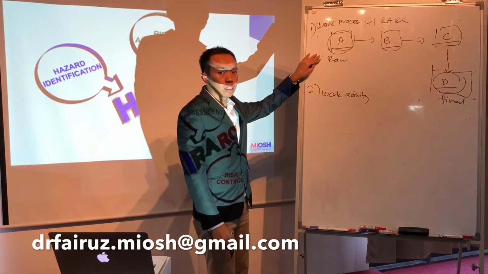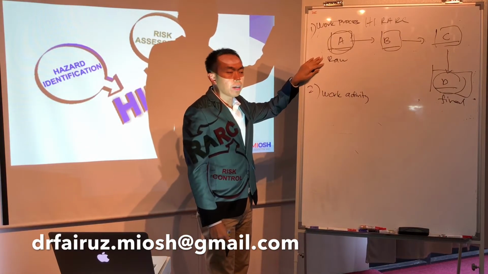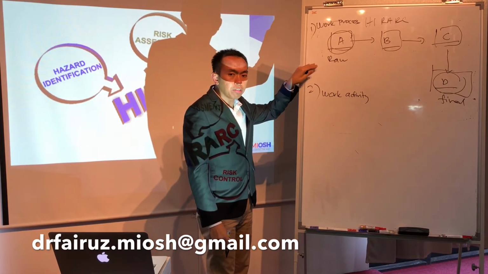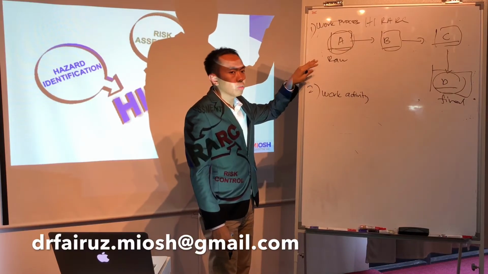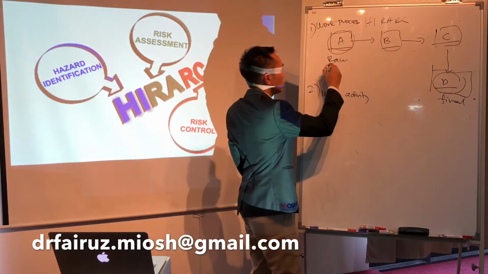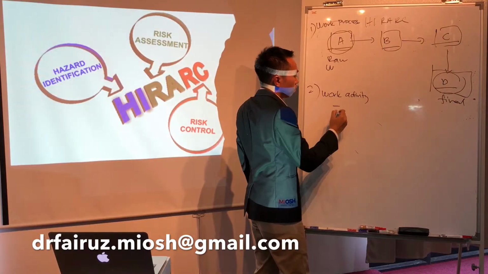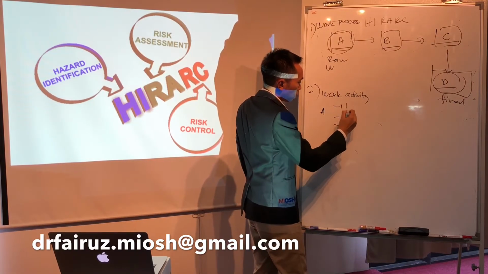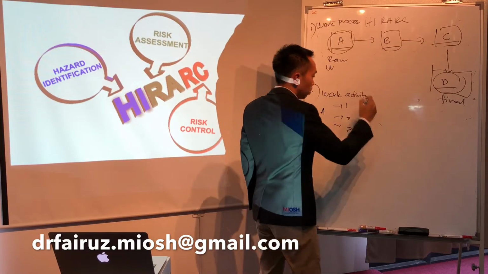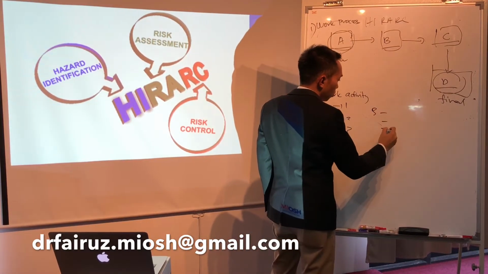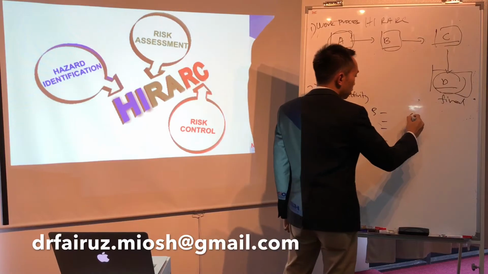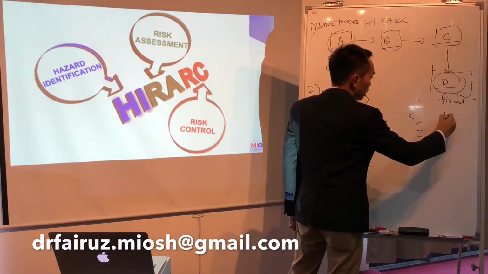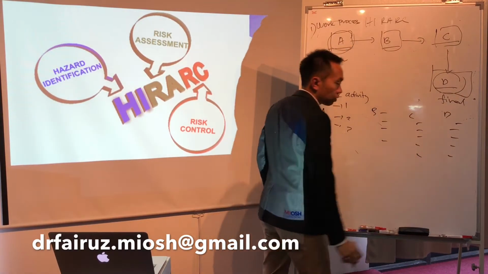For each work unit, you need to identify what activities they are doing. In unit A, what is their work activity? Three activities. Work unit B, what are the work activities? Unit C, what are the work activities? And D, what are the work activities?